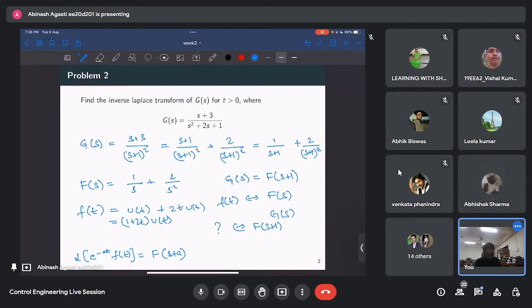Yes sir. सो F(s+1) चाहिए, तो हम अगर लेफ्ट साइड में बस e to the power minus t मल्टीप्लाई कर दें तो हमको F(s+1) मिल जाएगा, राइट? Yes sir. So basically L of e to the power minus t f(t) is equal to F(s+1), which is G(s) that we want.